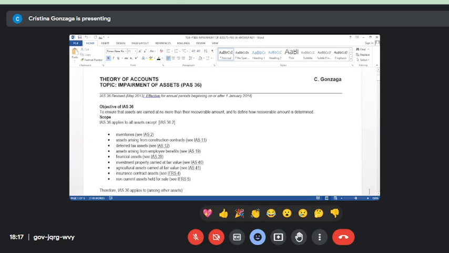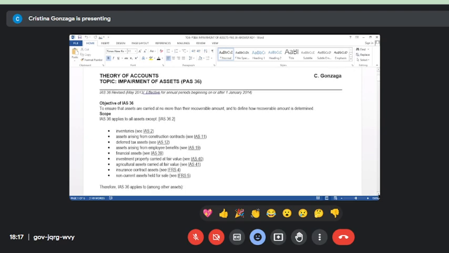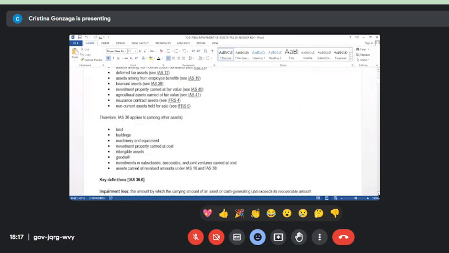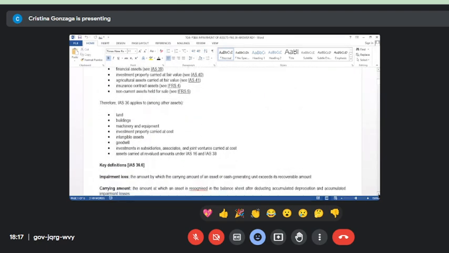And even intangible assets can be impaired. Now, PAS 36 is applicable, among other assets, to land, to building, to machinery and equipment, to investment property carried at cost.